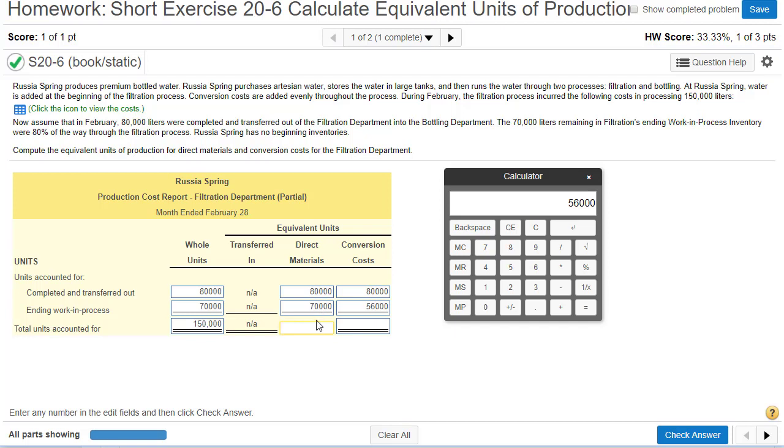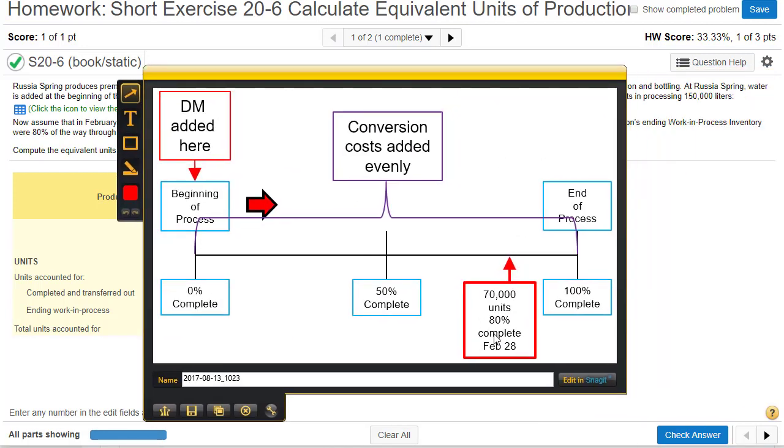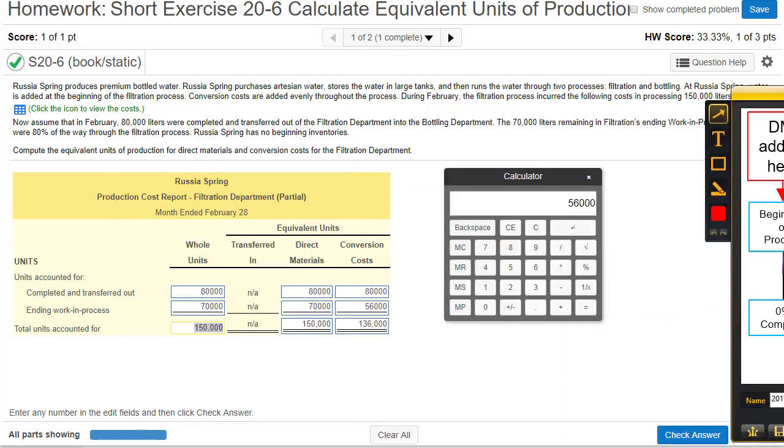And now we can do the math. This gives us 150,000 units for direct materials. And for conversion costs, we have 136,000. So this means equivalent unit-wise, 136,000 units had all of the conversion costs added to them, even though there's actually 150,000 units that are 80% done through the process.